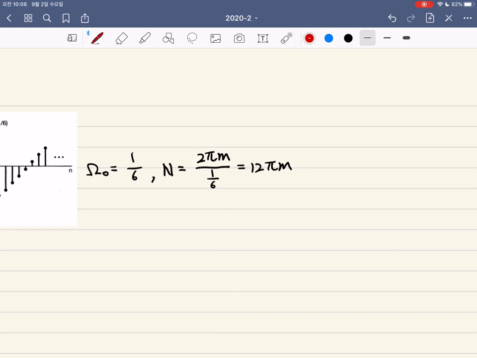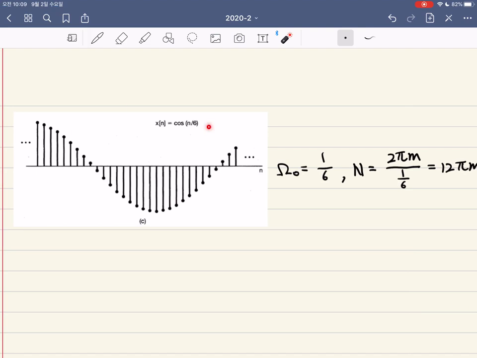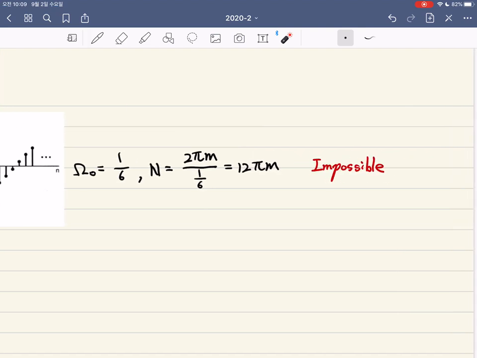So it is impossible to make an integer period value, and therefore this signal is not periodic.